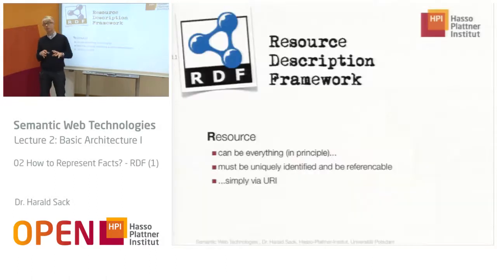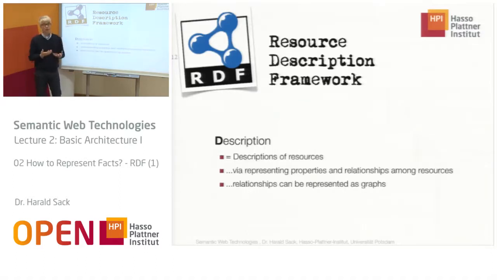It's pretty simple to state facts in RDF. So first we have resources. Everything in principle can be a resource, and resources are, in our sense, identified via URIs. So a resource is always associated with a URI that we have already known. On the other hand, of course, we have to describe resources, and we describe these resources with the help of properties that we define, that these resources might have, and with relationships among those resources.